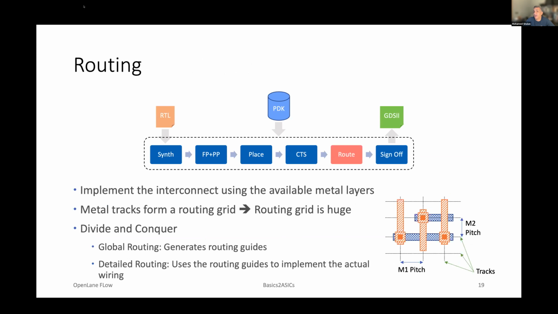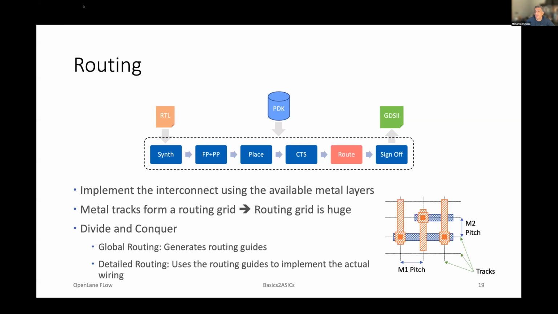For example, as Yuan showed you earlier for Sky 130, there are 5 metal layers and 1 local interconnect layer, and these are the routing layers. So we use these layers to create wires and connect wire segments at different metal layers, or routing layers, using vias.